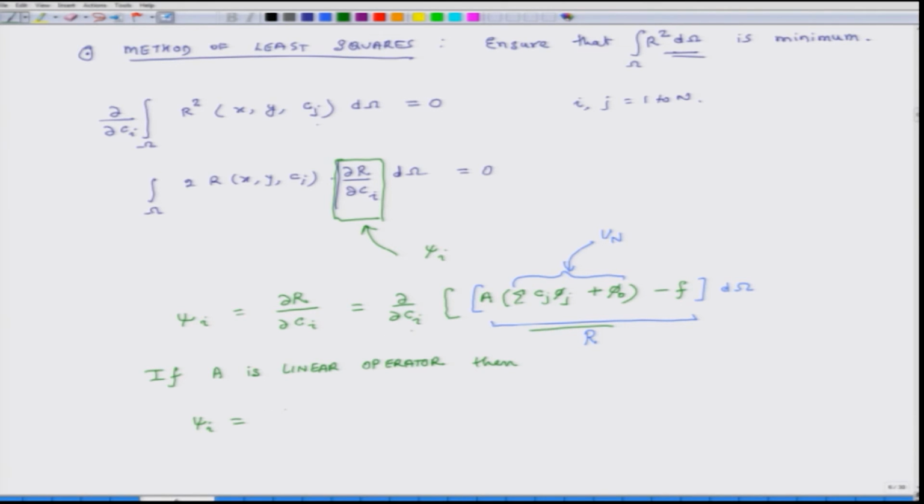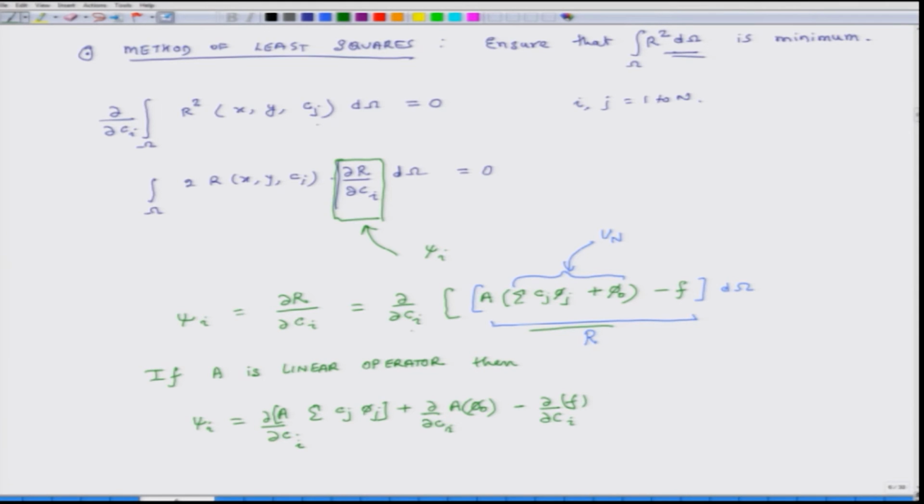So, then psi I equals del over del Cj of the sum of Cj Phi j plus Phi naught minus f, and then again I differentiate it, del over del Ci, minus del over del Ci of f.